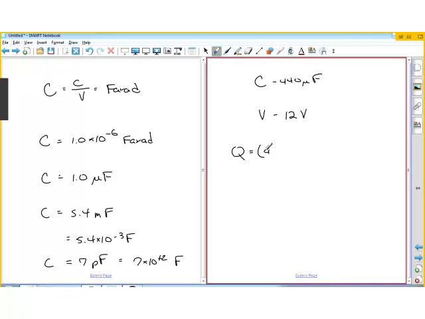All we do is take 440 times 10 to the minus 6 farads multiplied by 12 volts. I get 0.00528, and the units for charge are coulombs. Then you might rewrite this as 5.28 millicoulombs.